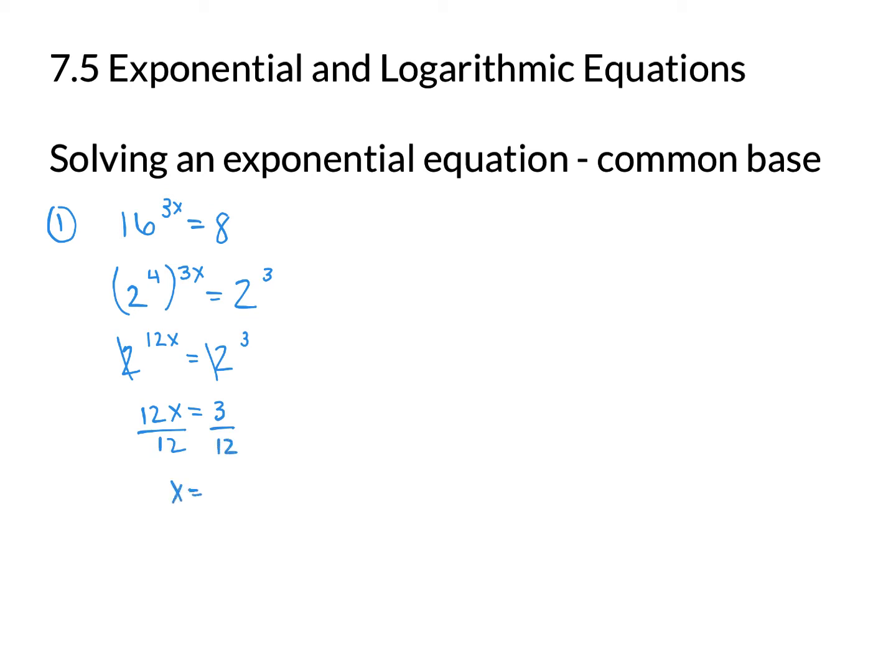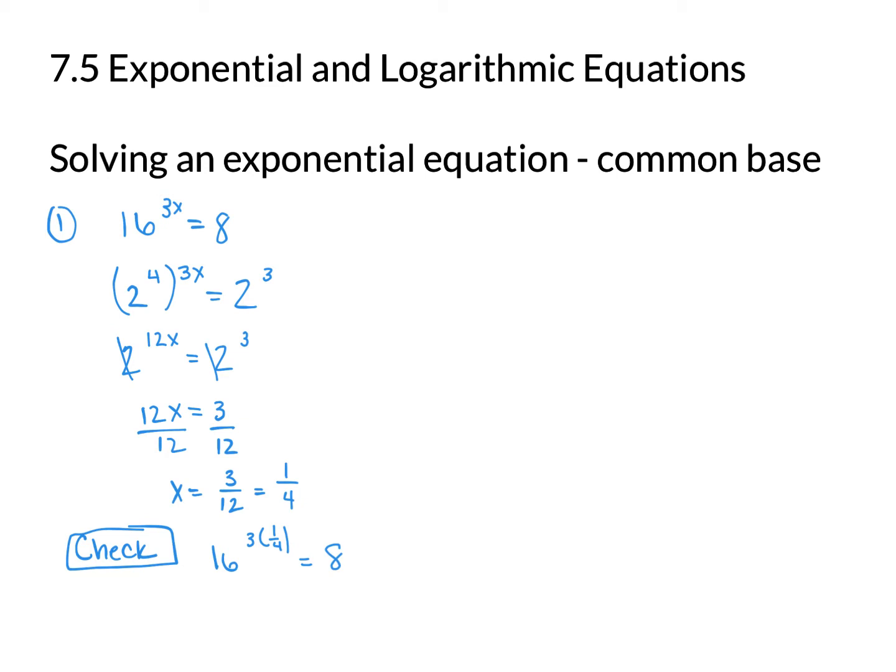So x equals 3 over 12, which simplifies to be 1/4. Now we can check our work by saying 16 raised to the power of 3 times 1/4 should be the same as 8. If we plug that left side into our calculator, we want to check to make sure we get 8.